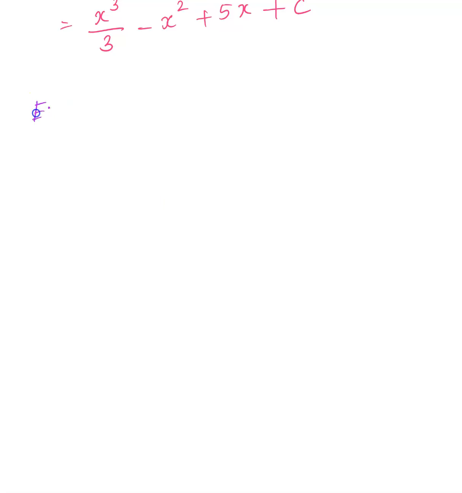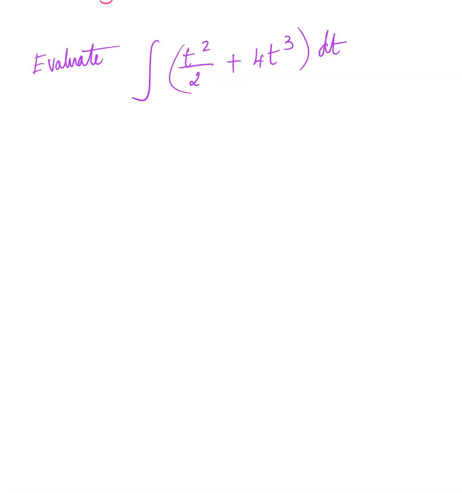Let's try this one. Now notice that the variable of integration is t, so everything is with respect to t. And without having to explain it in too many words, that dt there makes it a whole lot easier for us to know what to differentiate with respect to. In this case, the antiderivative. I'll try to split them up first.